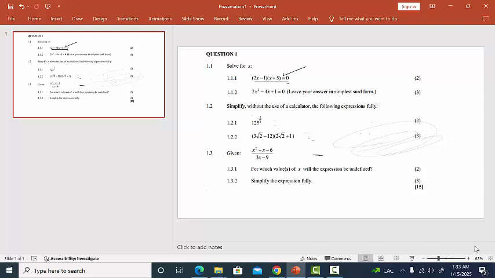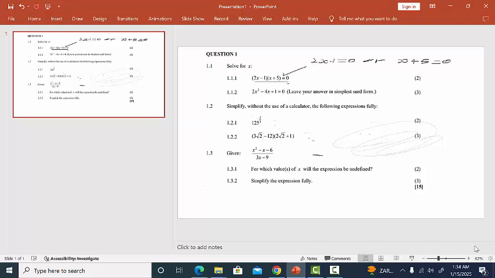So how you do it is 2x minus 1 is equals to 0, or x plus 5 is equals to 0.